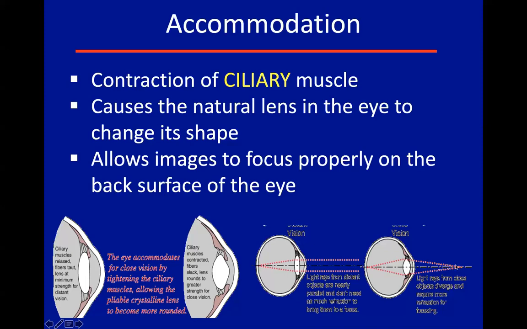But when you're looking at something close, remember this is infinity, your ciliary muscles contract, your lens rounds, and the image comes closer to the retina. So what it does is cause the natural lens in the eye to change its shape, and it allows the images, as we showed nicely here, to focus properly on the back surface of the eye.